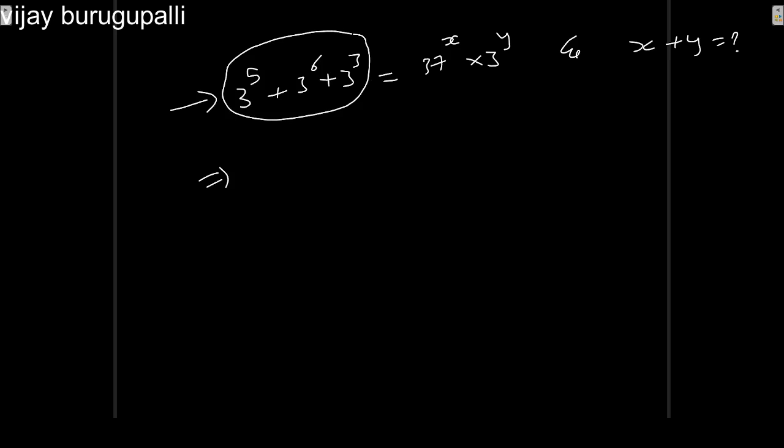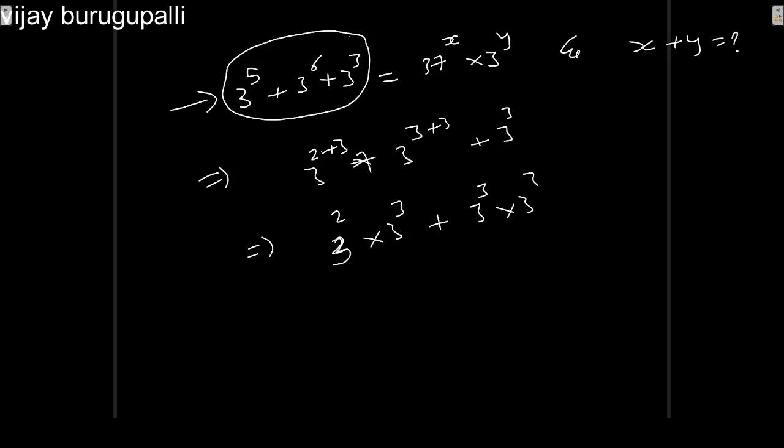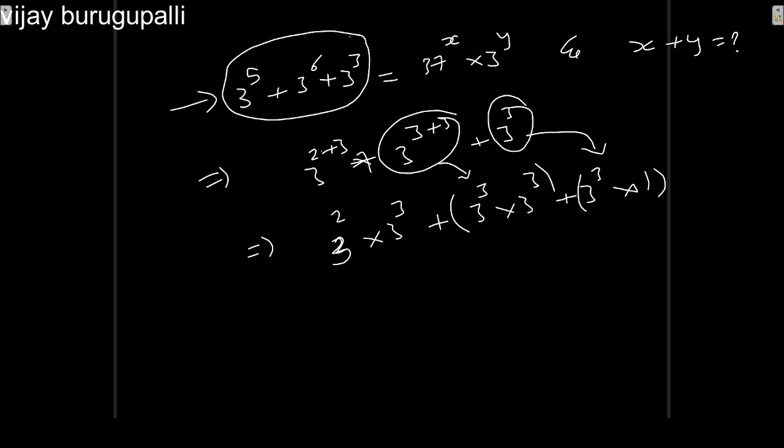Generally, in this kind of expression, we have to solve it as 3 power 2 plus 3 power 3 plus 3 power 3 plus 3 power 3. We can write it as 3 square into 3 cube, 3 cube into 3 cube, and 3 cube into 1. This can be written in this way, and this in this way.